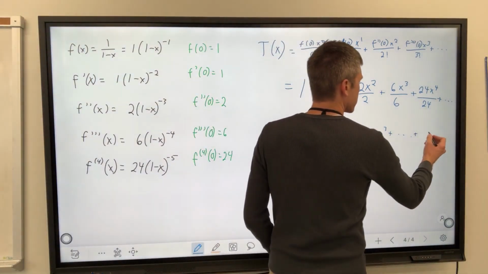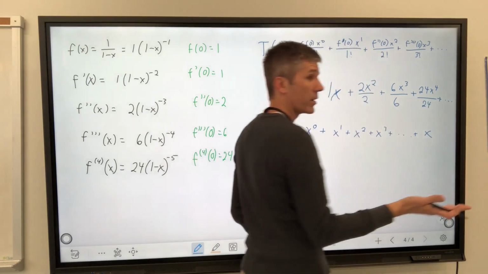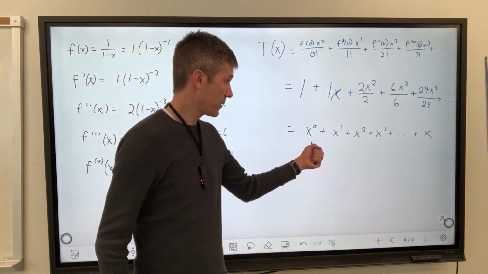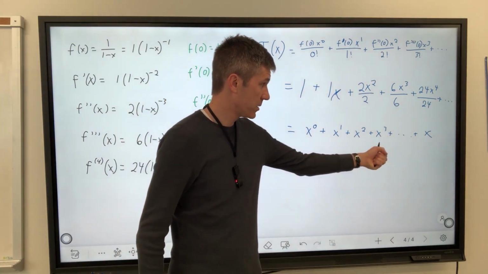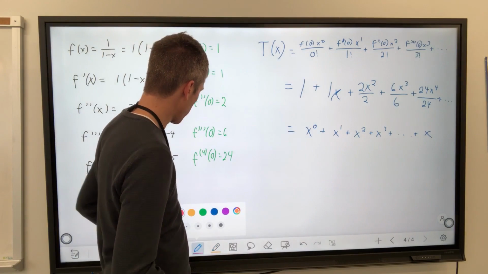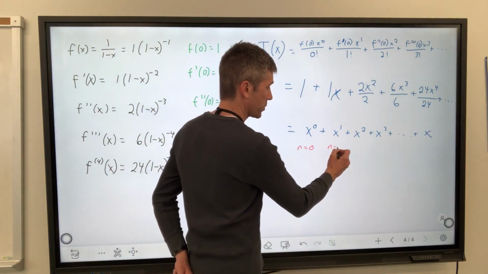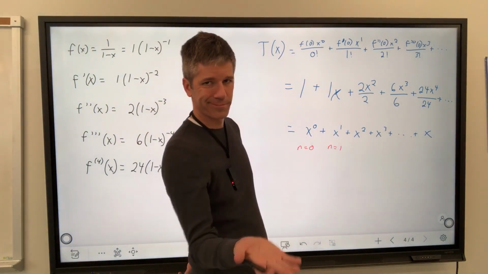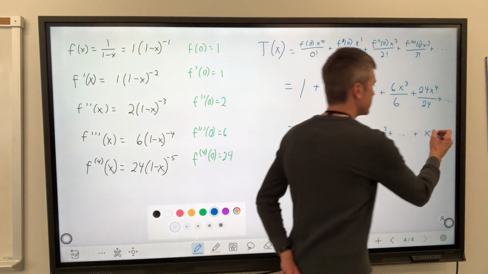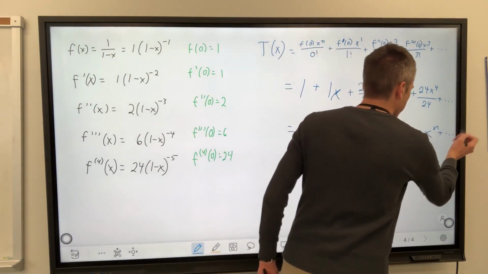So plus, the general term would be x to some power. What power? If this was the 0th term, first term, second term, third term. So if I went old school on this, like I did on the previous 2 problems, and I was like, n equals 0 and the exponent is 0, n equals 1 and the exponent is 1, you know where this is going, right? So x to the n. And it keeps going after that.